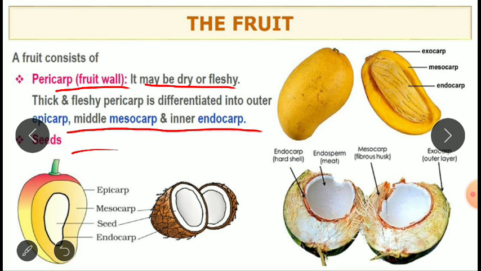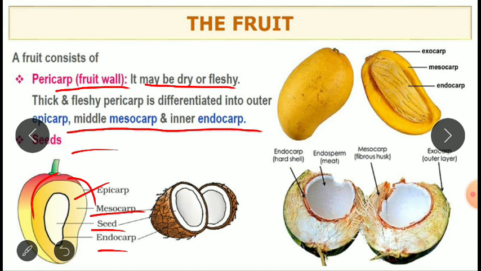Not necessarily is the mesocarp the edible part. In the mango, the outer layer is the epicarp, the part that you eat is the mesocarp, and the seed is covered by the endocarp.